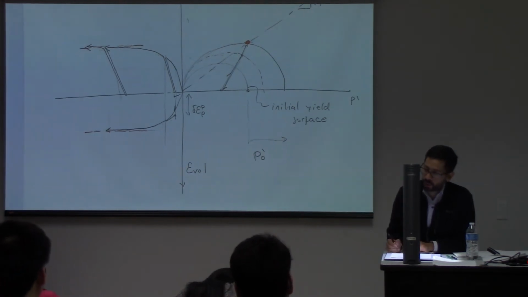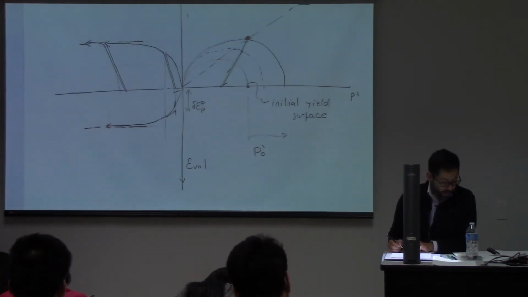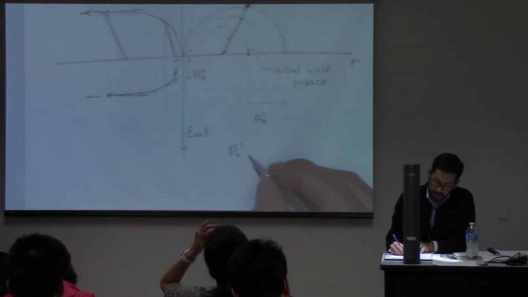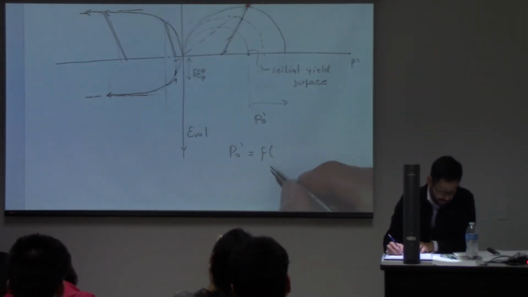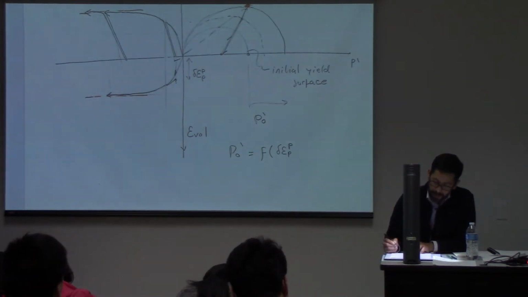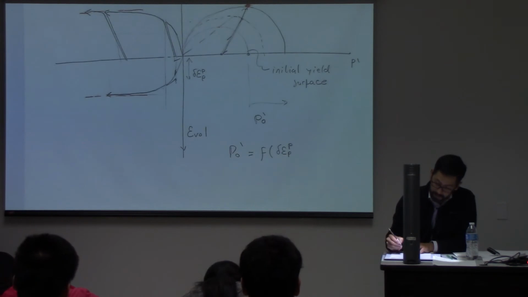But the important thing to get from here is that P naught is going to move. And the movement of P naught is going to be a function, as we were saying before, of this plastic strain.